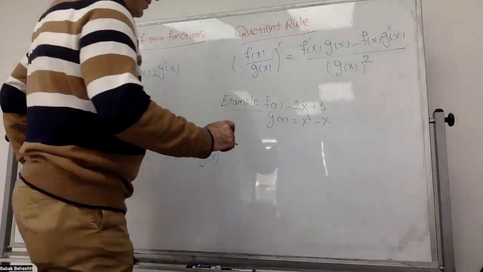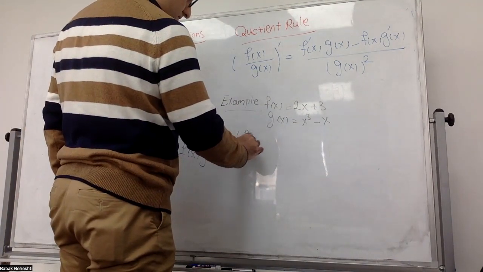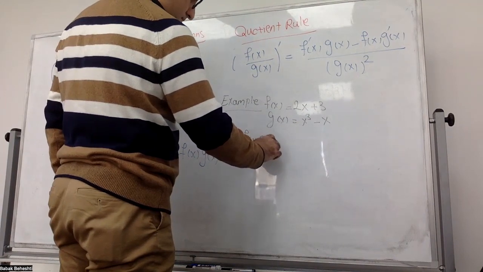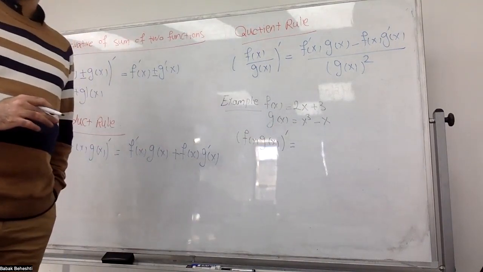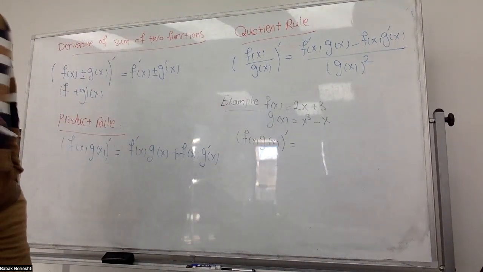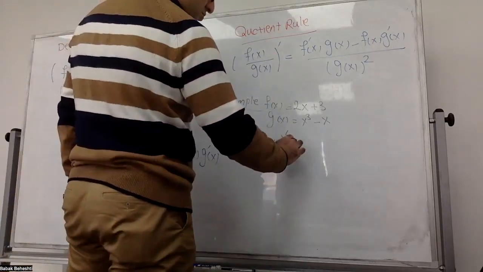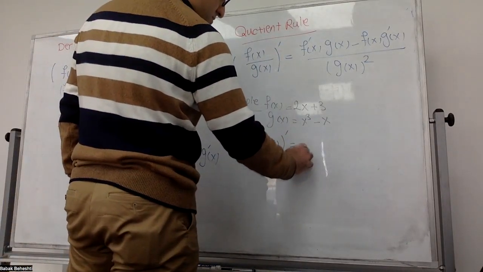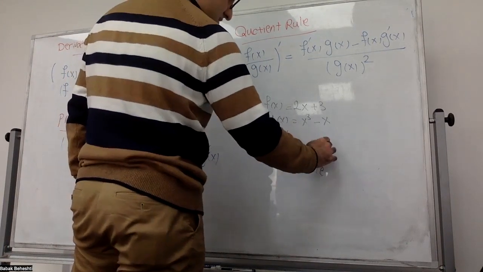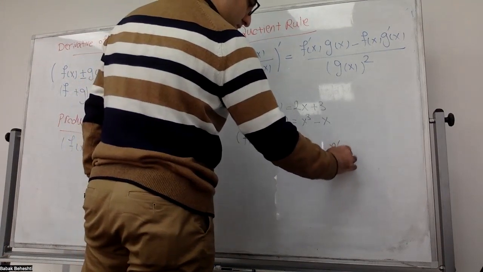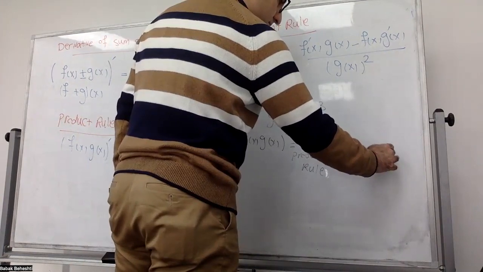And we want to compute the derivative of f times g. There are two ways to compute this derivative. One way is just using the product rule. The product rule says that this is equal to f prime times g plus g prime times f.